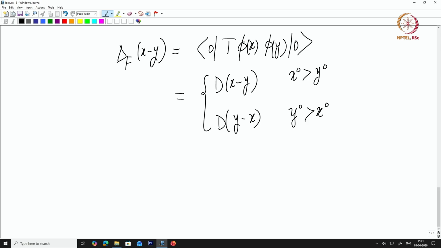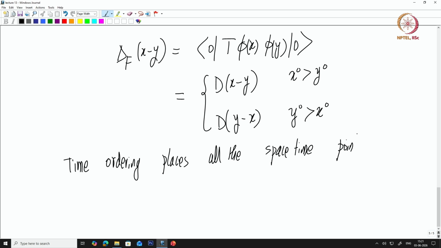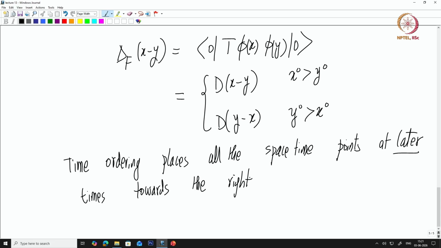Similarly, time ordering, as we have seen already, places all the spacetime points at later times towards the right.